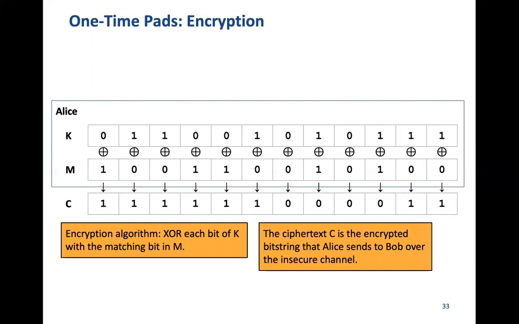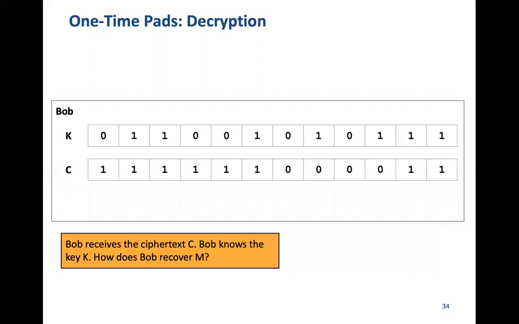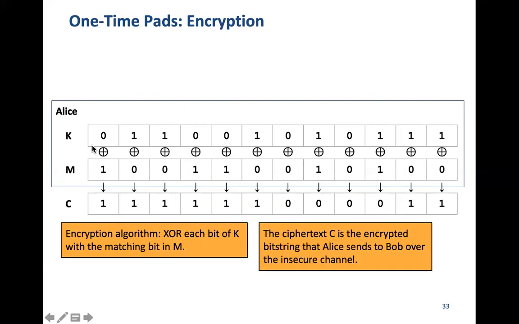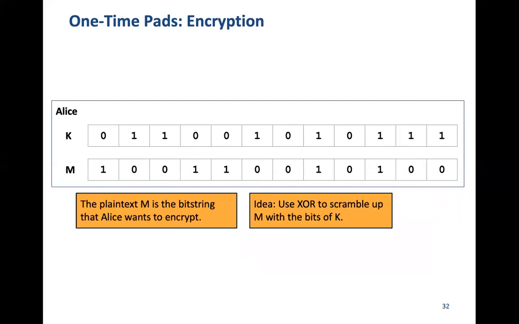Okay. Now this ciphertext is sent to Bob over an insecure channel. Now Bob receives this ciphertext message, which is C, and Bob also has the key. And note that this key is the same as the key which Alice has generated, right?